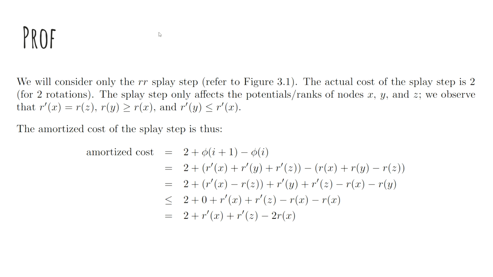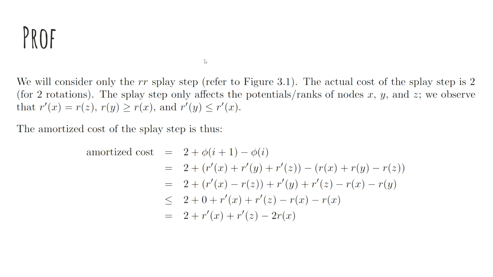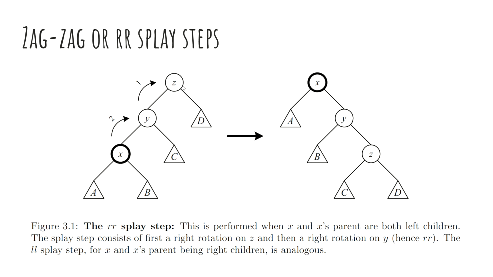The proof. We'll consider only the RR splay step, referenced by figure 3.1, this one, and the other splay steps are analogous to this one. The actual cost of the splay step is 2 for 2 rotations, and the splay step only affects the potential ranks of nodes x, y, and z. The others will be the same.